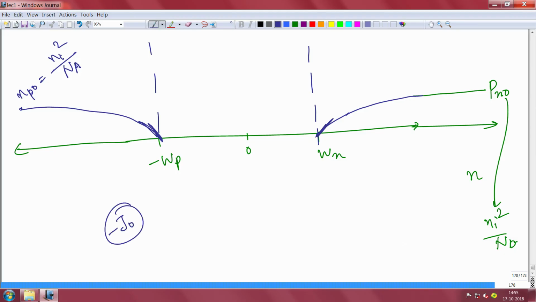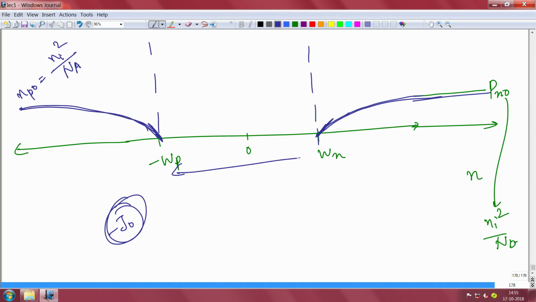That is the same thing that you will get. You can solve the appropriate continuity equation with the boundary condition that at this point it has to be 0, at this point it has to be 0, far away it has to be Pn naught, and far away it has to be Np naught, then you will get the same value of the current.